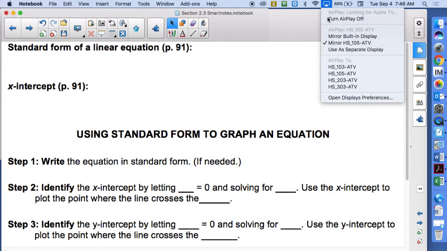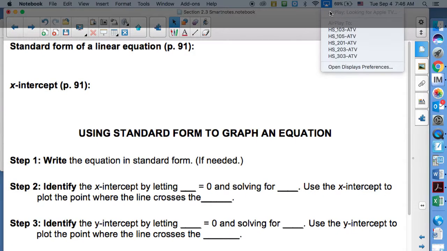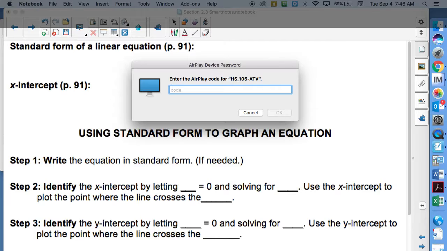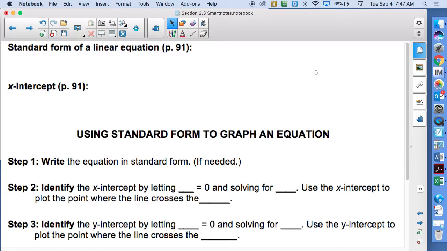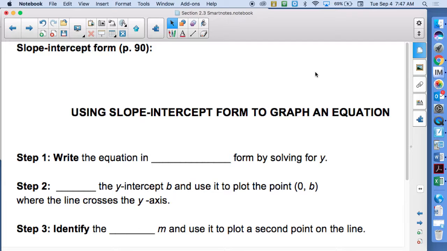So we have the standard form of the equation, and then we also have the x-intercept. And we'll talk about this slope. All right, so slope-intercept form.